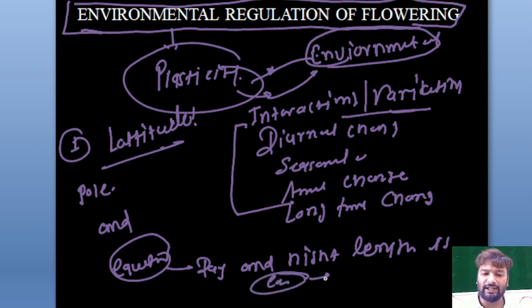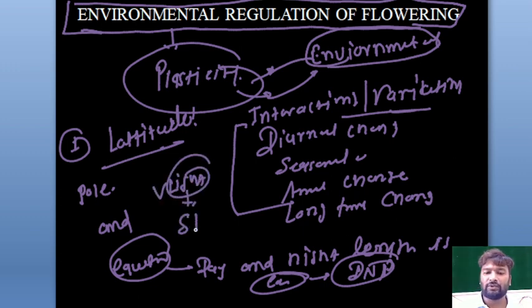So in this condition mainly day neutral plants are dominant. But in another case, there will be a variation in the light, so there will be short day plants and long day plants. So according to the different latitudes, the plant composition is also different. So geographical latitude also affects flowering.